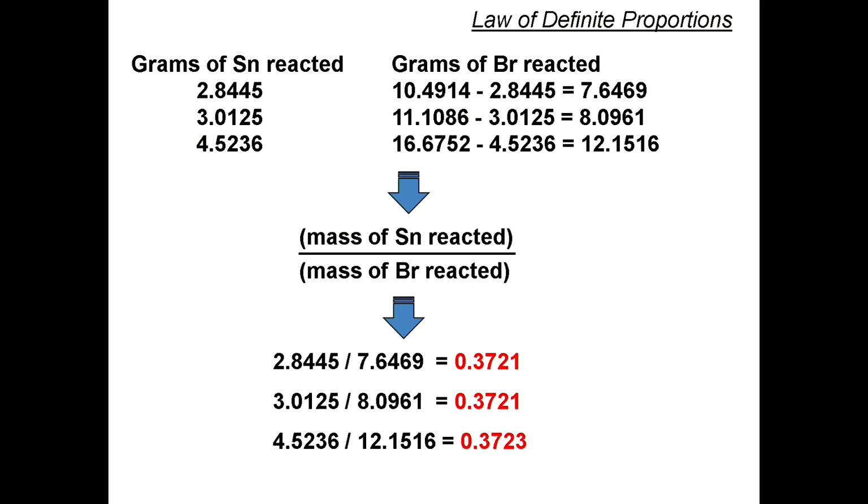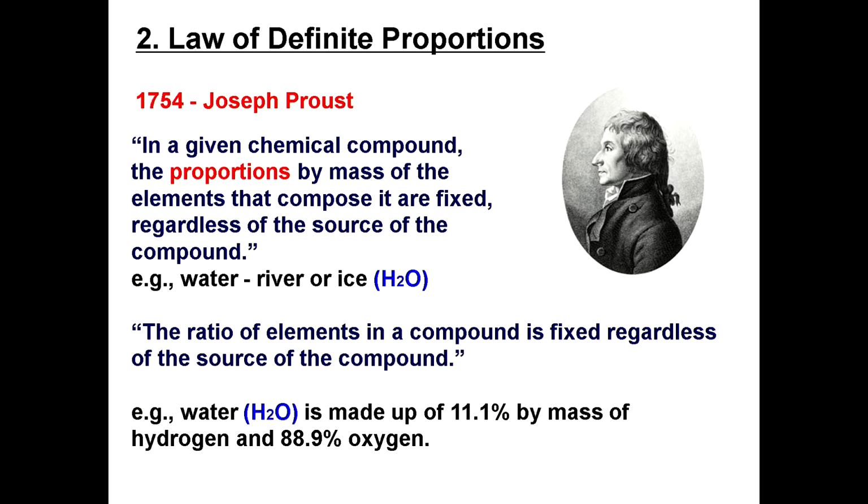But in all these products, the ratio of tin and bromine should be the same, no matter which reaction the product comes from. The final ratio should be the same. So this is the law of definite proportions. It means the composition should be fixed.